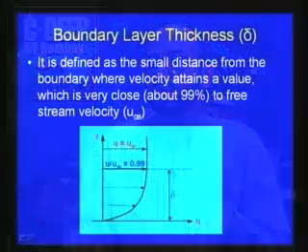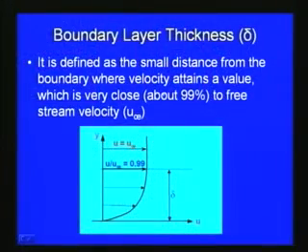So, the boundary layer thickness delta is defined as the small distance from the boundary where velocity attains a value which is very close, about 99%, to the free stream velocity u infinity.